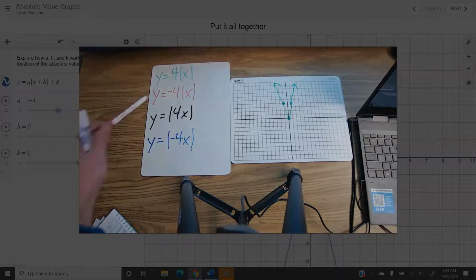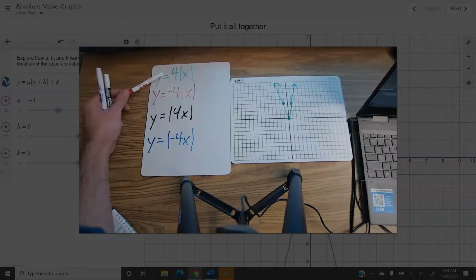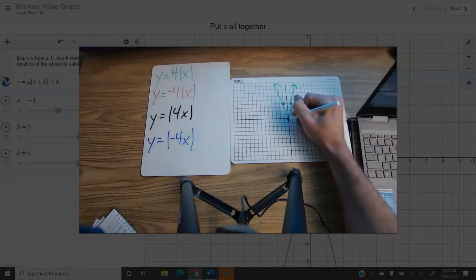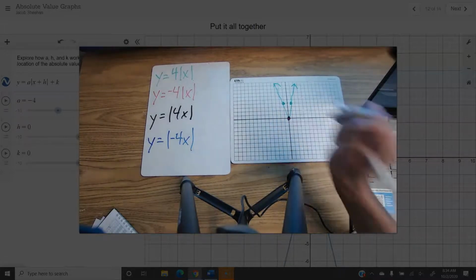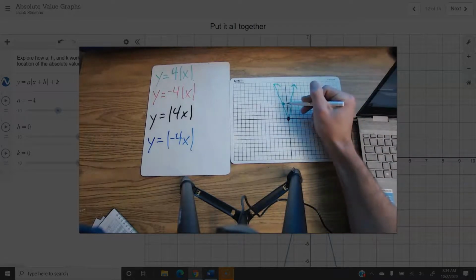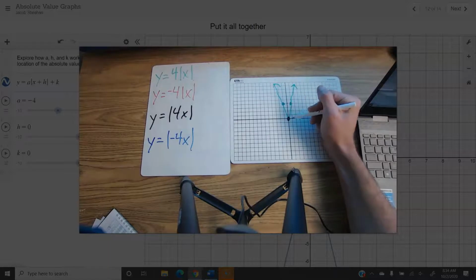Now, the red one here looks just like the top one, but we threw a negative sign in front. Okay? This one also has a vertex of 0, 0. However, that negative 4 is telling me to go the negative direction of rise. Okay? Remember, slope is rise over run. And if we want to do a negative rise, we're basically going to fall. We're going to go down 4. 1, 2, 3, 4.